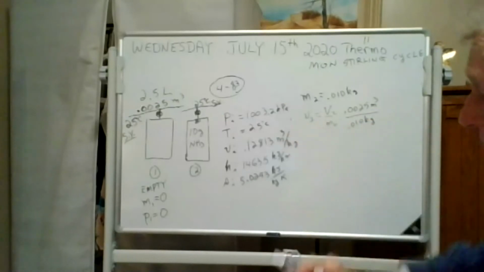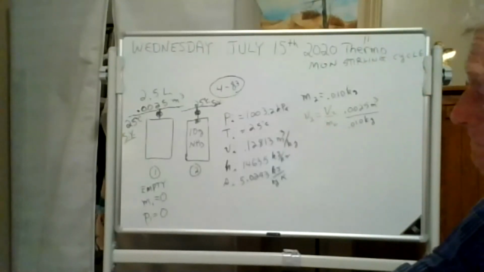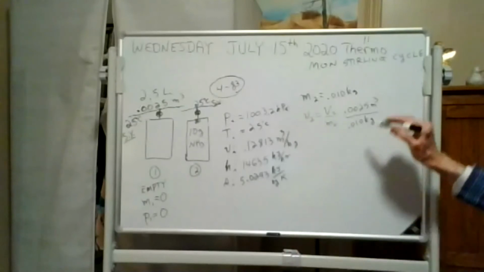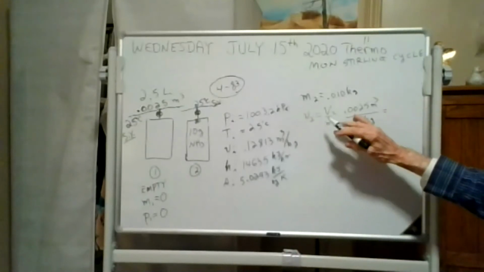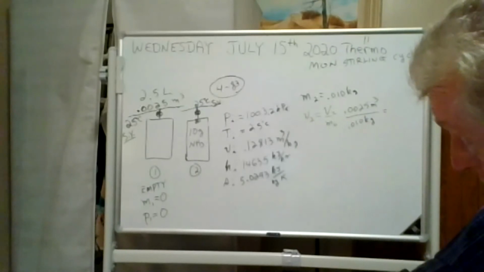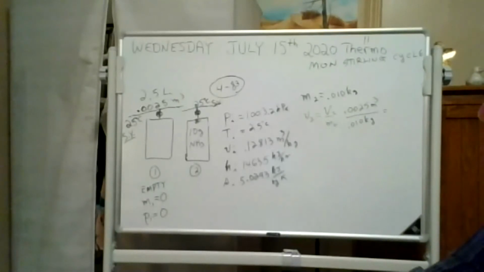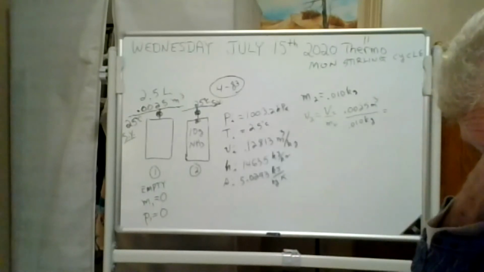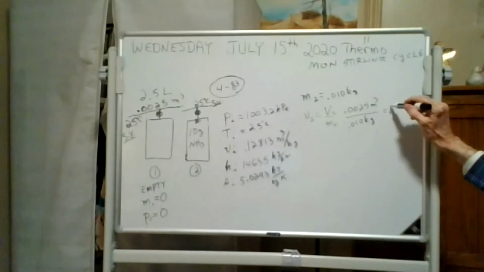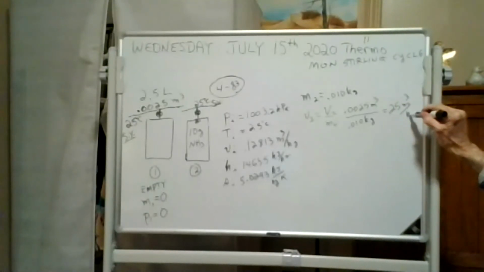Hey, we can get the specific volume at state 2. Somebody do that and tell me what you get. 0.25 meters cubed per kilogram. That's what I get.